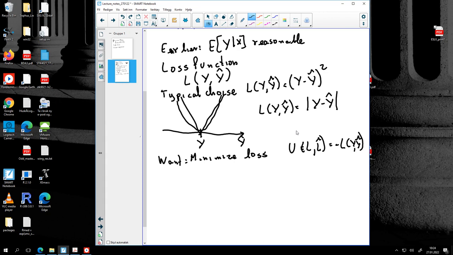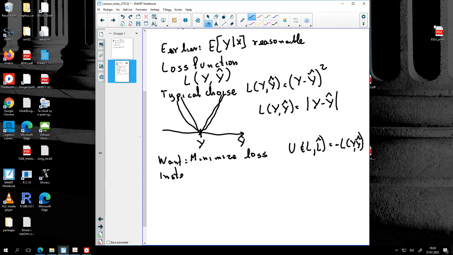The problem, of course, is that we don't know y, because that's what we want to predict. So instead of trying to minimize the loss directly, we are taking into account that we have some stochasticity. So there are some random variables involved.